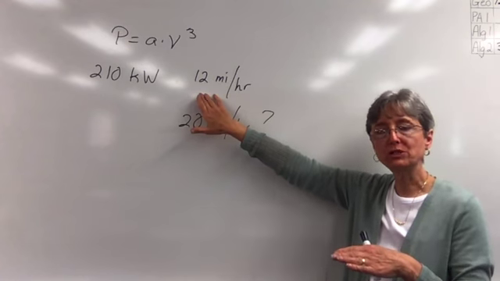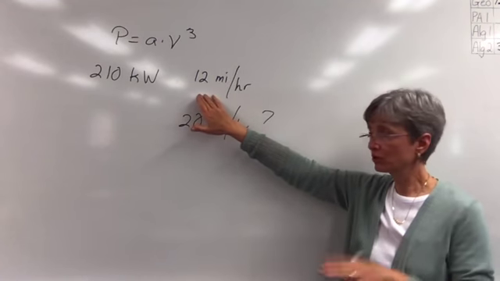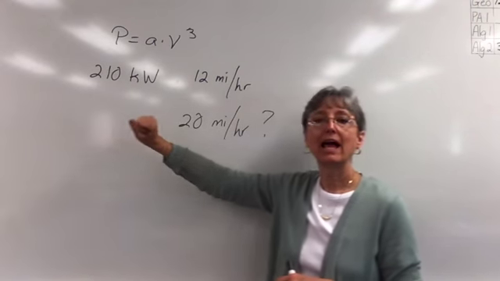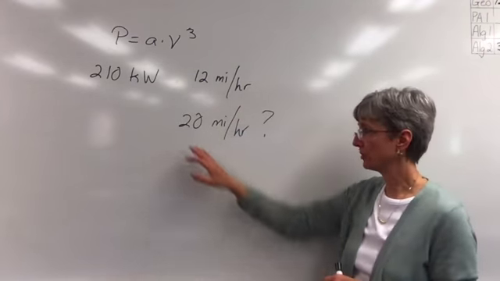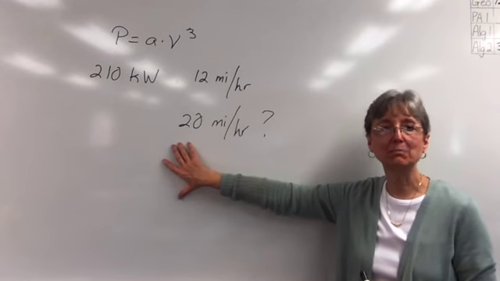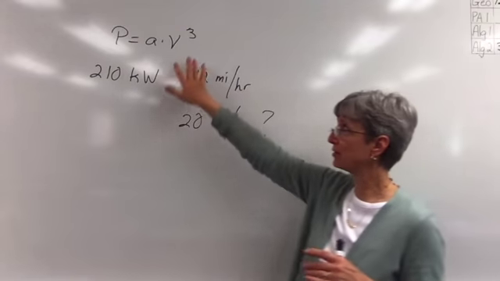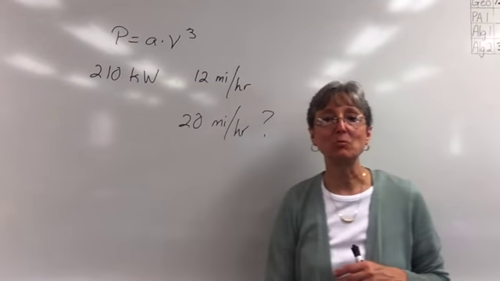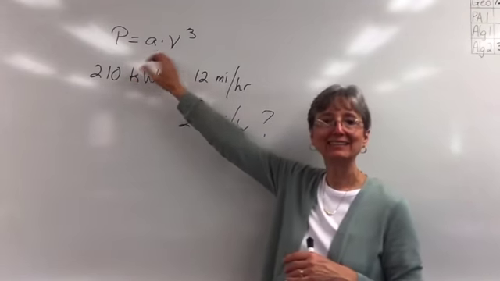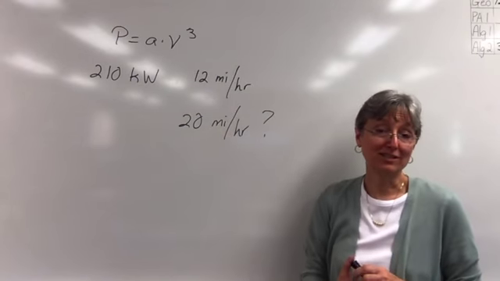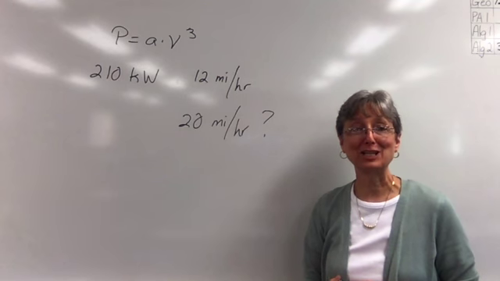So not meters per second, but miles per hour. How many kilowatts of power will it generate if the wind is going 20 miles per hour? So we have different units, but it doesn't matter. You still apply them the exact same way. Find A, plug that in for 20, and see what you guys get. And you can check with me, and I'll see how you did.